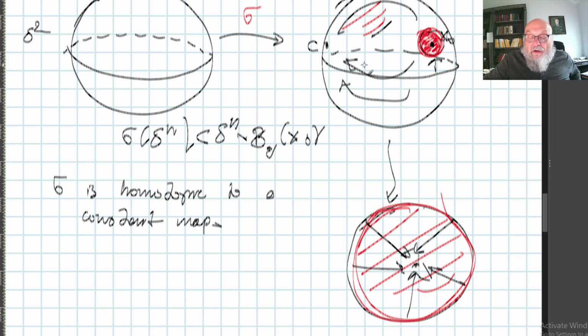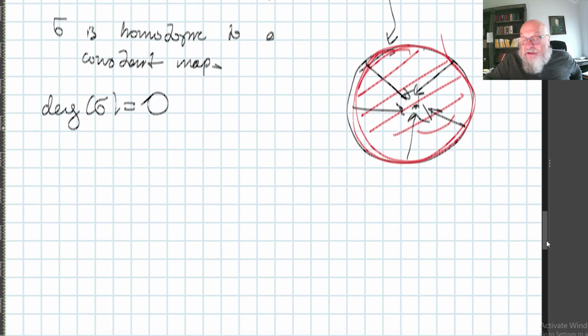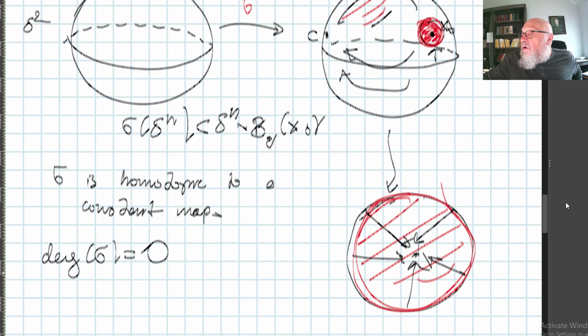So by the previous statement, the degree of sigma must be equal to 0. And of course, by contraposition, the statement follows. So we have here this statement proved.